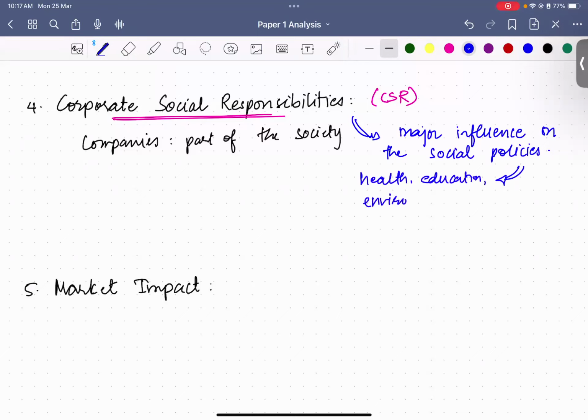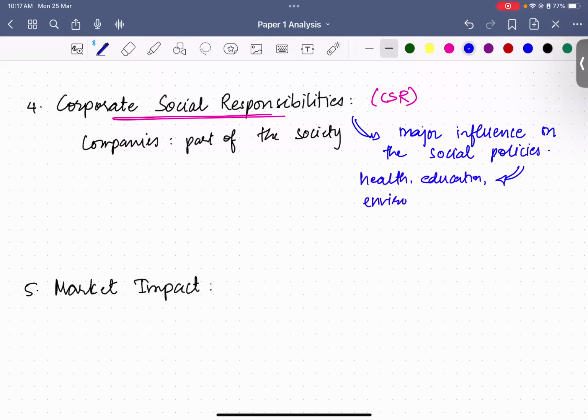Okay, so to have this kind of environment, what does the government have to do? It has to design policies to foster a conducive environment for the business to thrive.